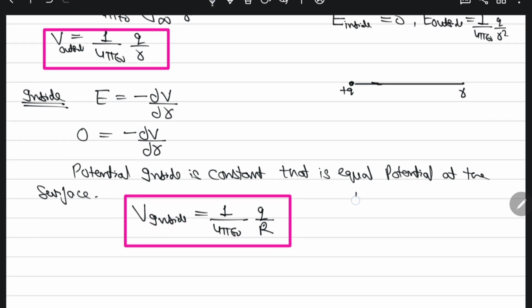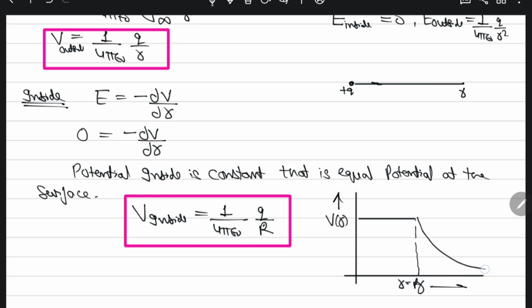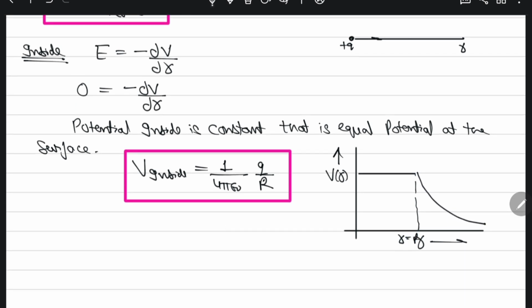Now I can draw the graph also, potential versus r. Here you see inside the potential is constant, then after that it decays like this, right? And one more thing, here the electric field just inside is 0 and just outside is non-zero.